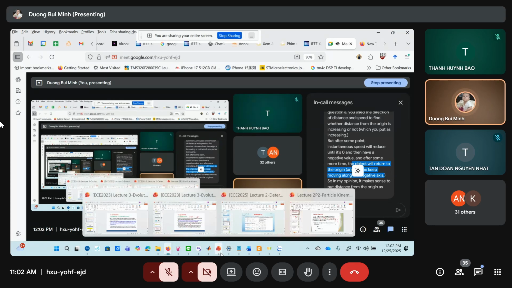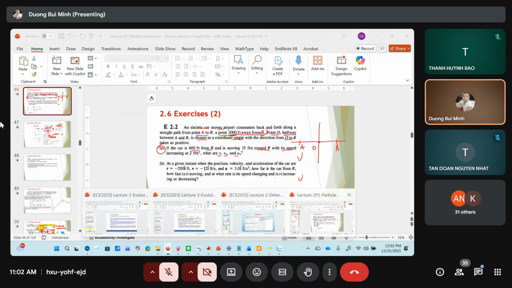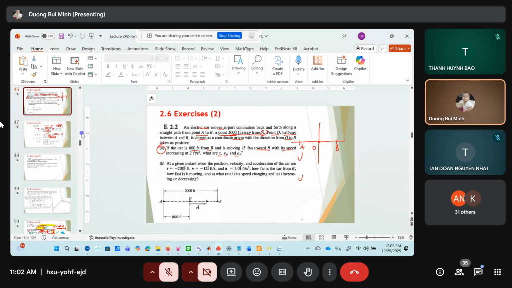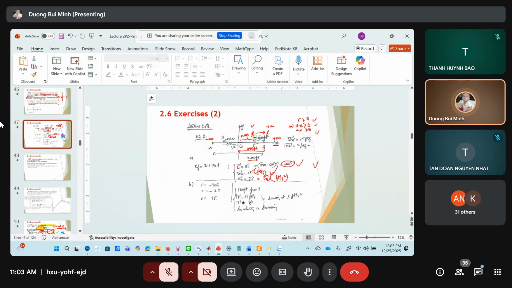Let me check. So here we have the diagram.